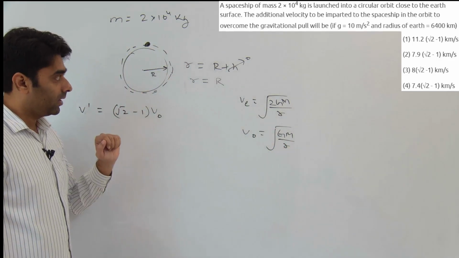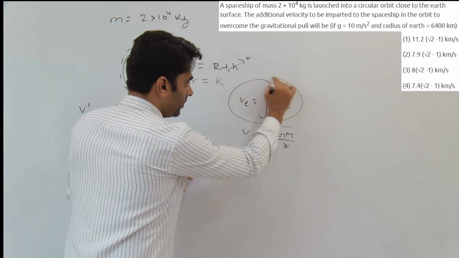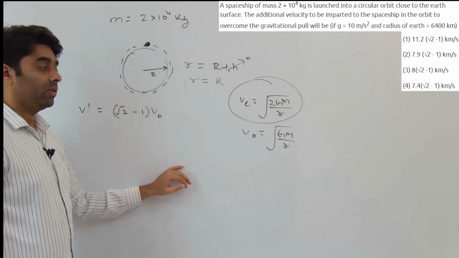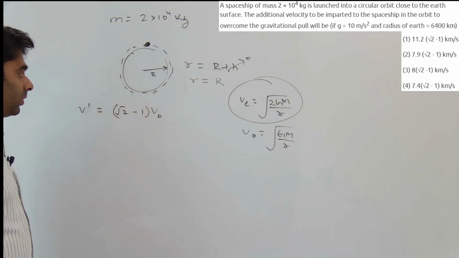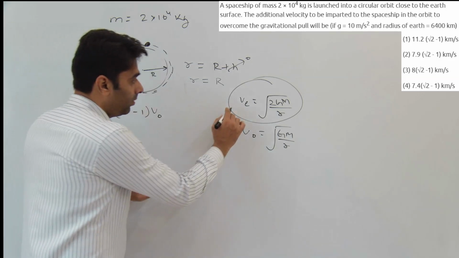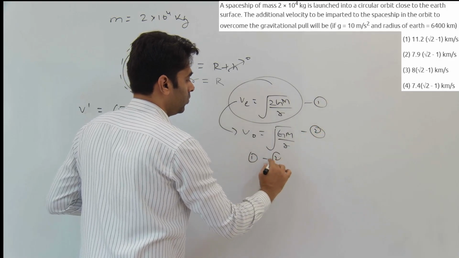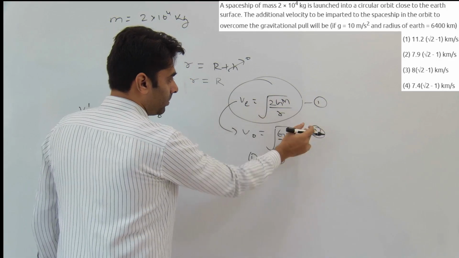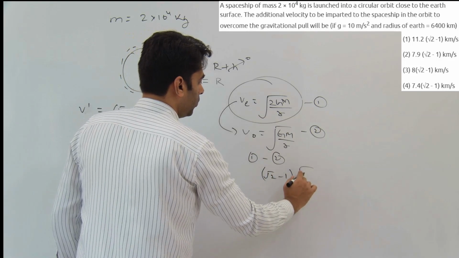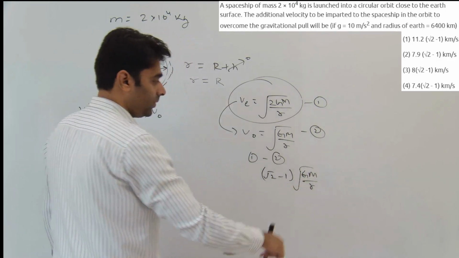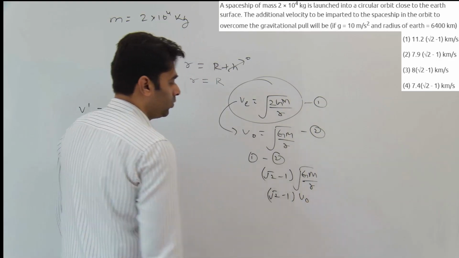Now if we want to escape, escape velocity is basically given as this. They are asking us how much extra should be given. So as you can see, if we look at the change, 1 minus 2, if you do it, it will come out to be root 2 minus 1 into root over GM by r, which is nothing but root 2 minus 1 into v naught.